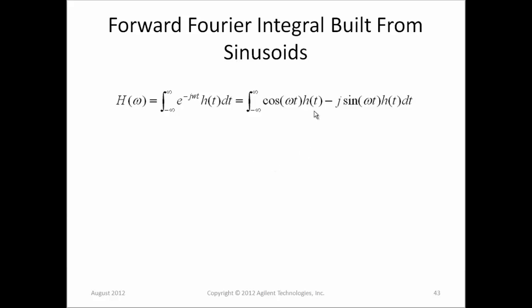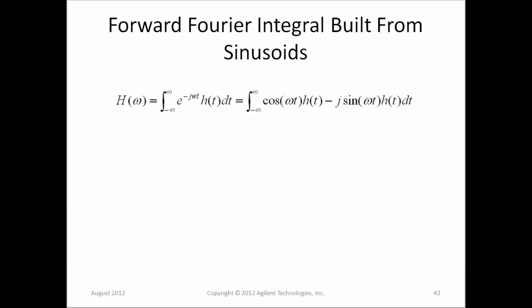Now, with the impulse response, which by definition is 0 for negative time and some positive number for positive time, we have a severe problem when we're trying to make an impulse response out of sine waves.